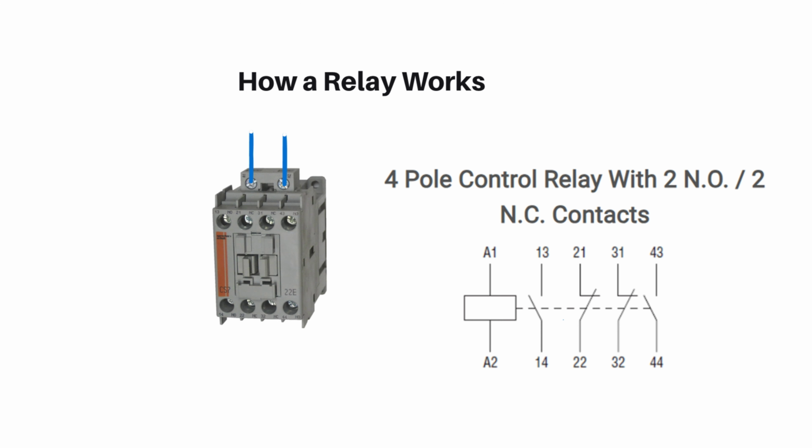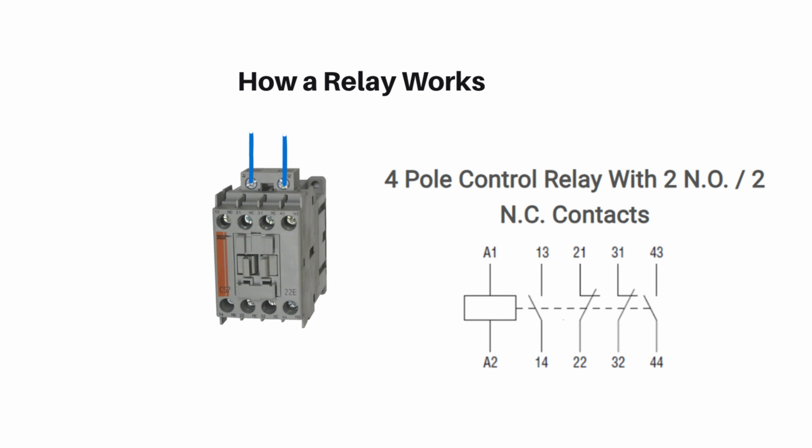Once you connect your equipment there, and you allow a current to pass through that coil, the coil gets energized and acts as a magnet, which causes the contacts between 13 and 14 to close, and then the circuit will be completed, and current will be able to flow in that main circuit.